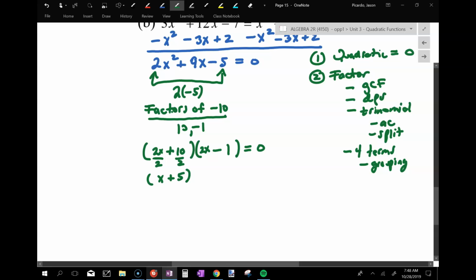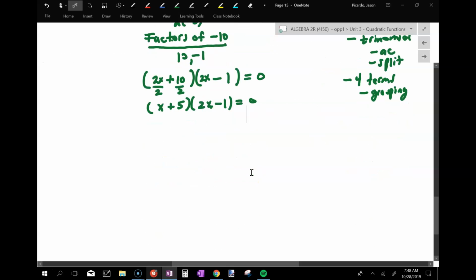Anything I can do with the 2x minus 1? No. Okay. How many factors do I have? 2, right? They both have x's in them, right? So what am I going to do with those two factors now? Set them both equal to 0.